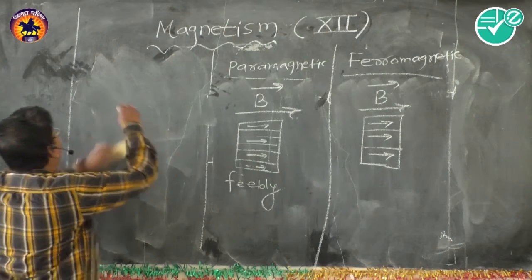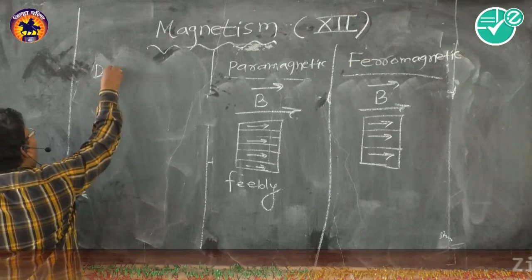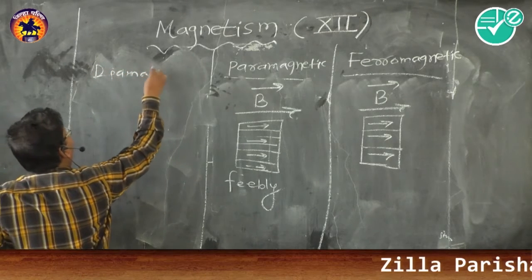Then the third or next property of diamagnetic substance.